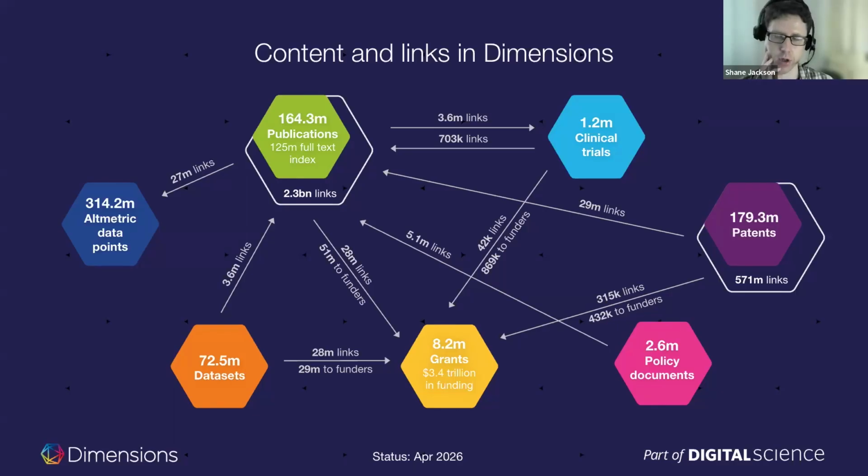And another function of Dimensions Industry Partnerships is to show patent citations as well. And then you can also see here across all these types of activity, we have billions of links, melding that all together. And that's a core part of showing you the co-authorship and the citation networks that the app is built upon.